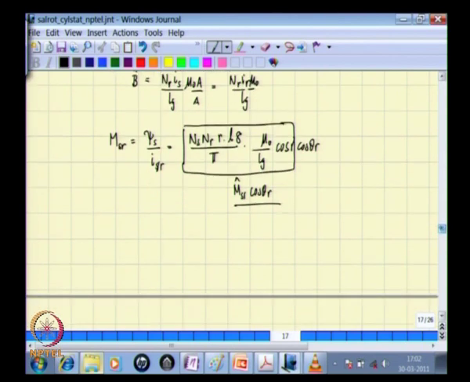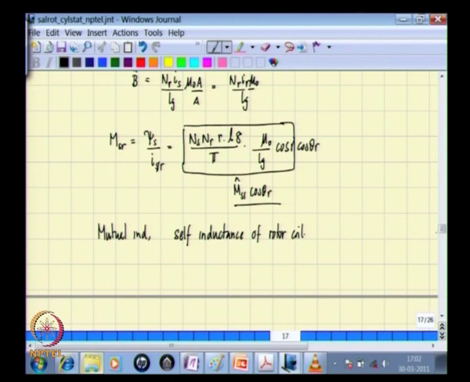So, what we have done now is we have found out mutual inductance between stator and rotor. We may find out the self inductance of the rotor as well, self inductance of rotor winding, rotor coil.